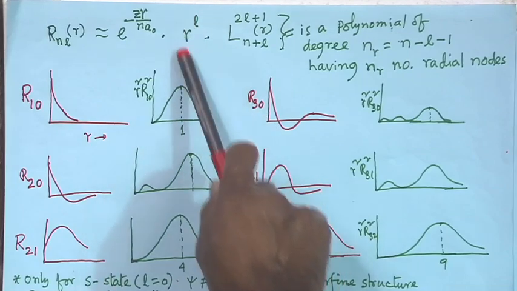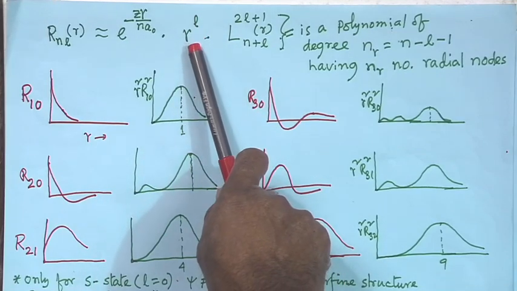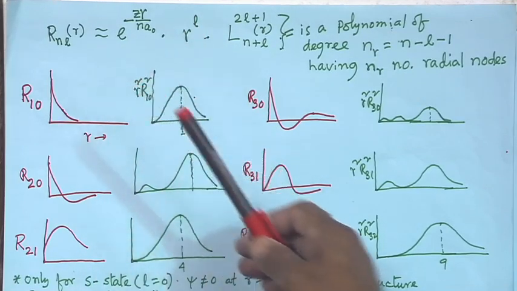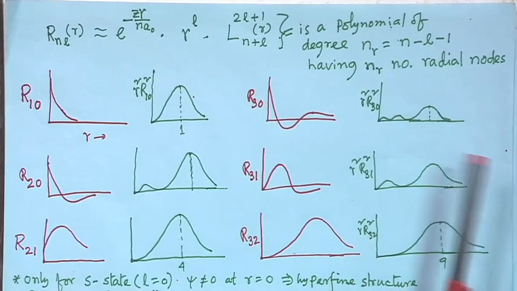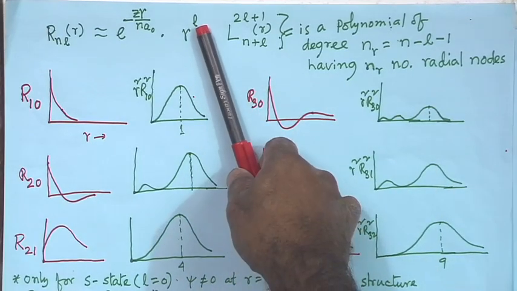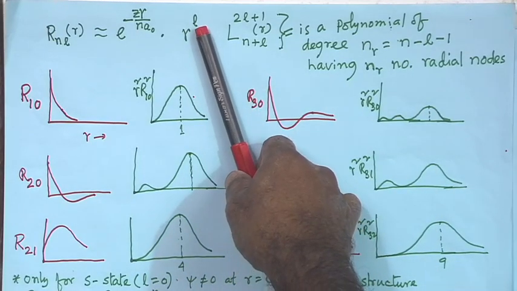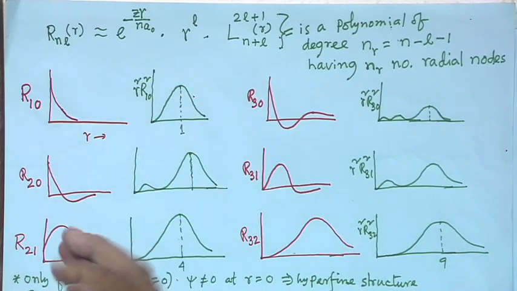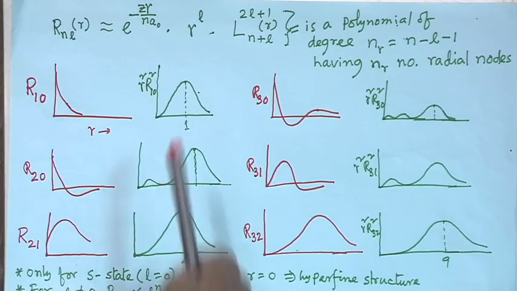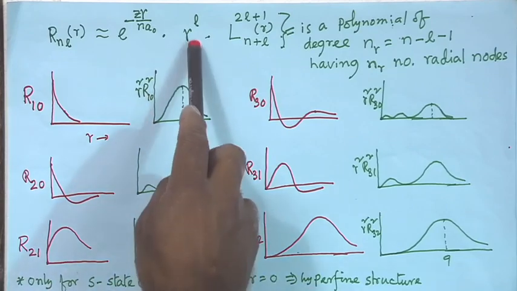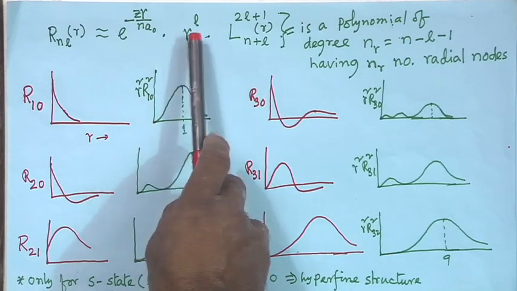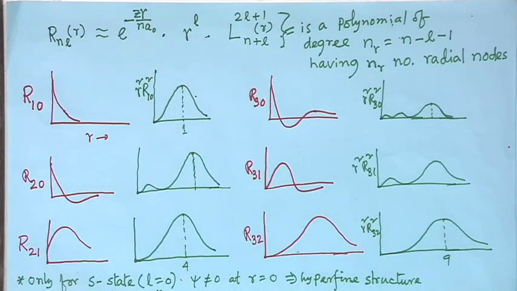And this term, for higher and higher L value and for smaller and smaller r value, when r tends to 0.